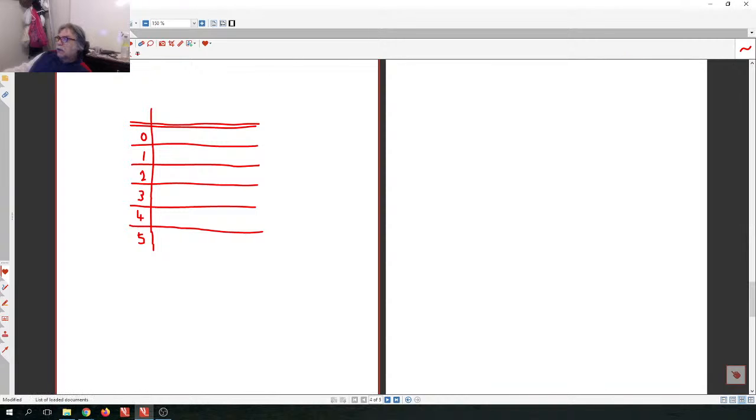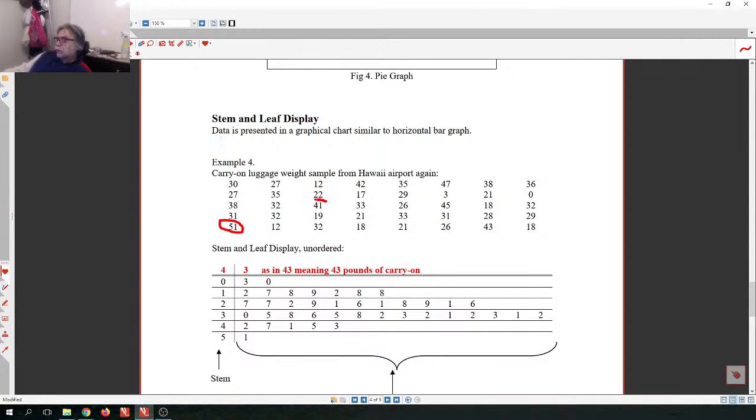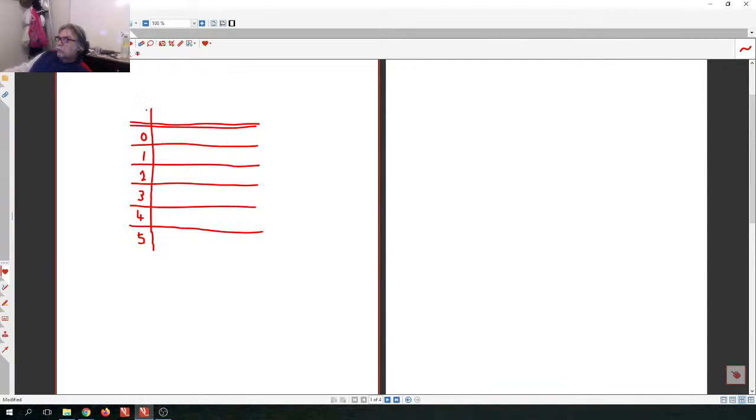I'm going to write one piece of data I have here, 41, as 4 and 1. And I'm going to add something like 41 pounds. You might have a little more explanation. The idea is 41 pounds.